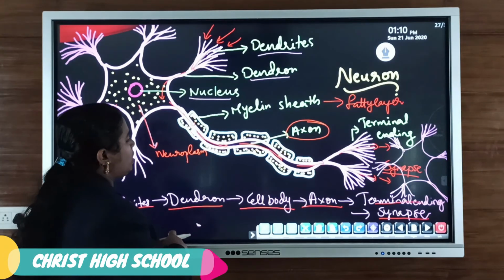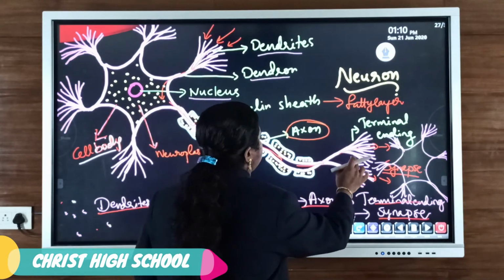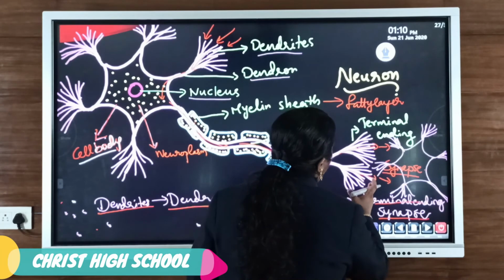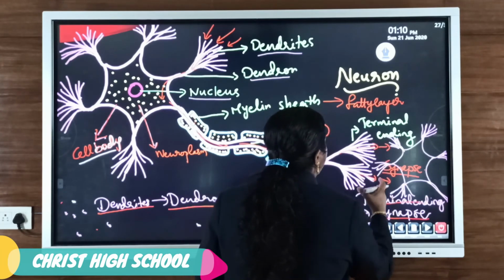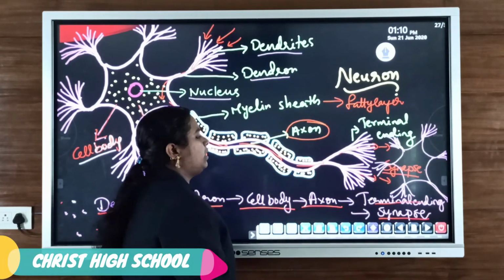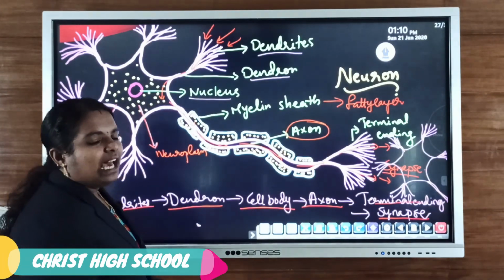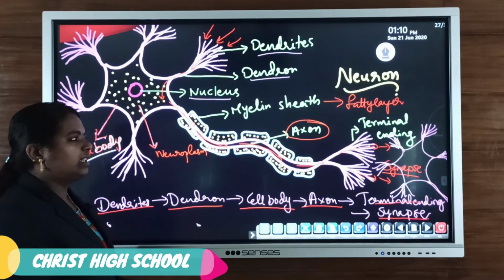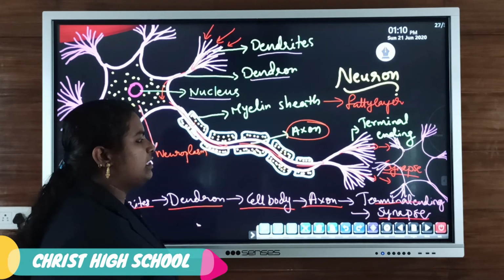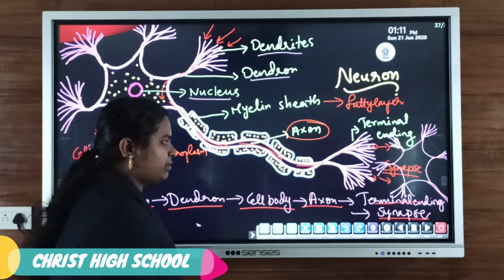Then through the axon it reaches the terminal end. Between the terminal end of one neuron and the dendrite of another neuron, a gap is present, and that gap is known as the synapse. So the functional junction between two adjacent neurons is known as the synapse.